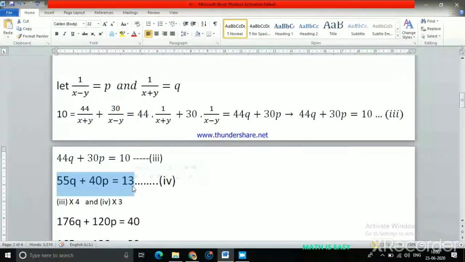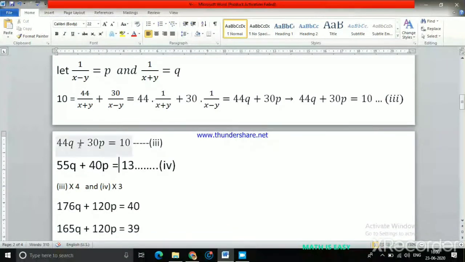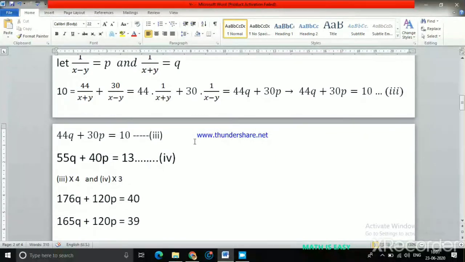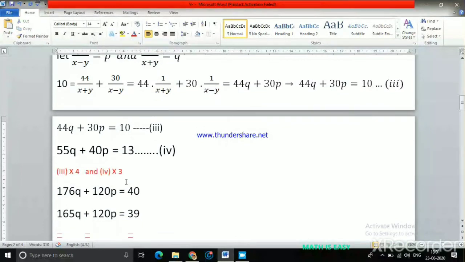After getting equations number 3 and 4, we know how to solve these using any one of the 3 methods: elimination, substitution, cross multiplication. So I use the elimination method. I multiply equation number 3 with 4 and equation number 4 with 3. After multiplying, let's see what comes.